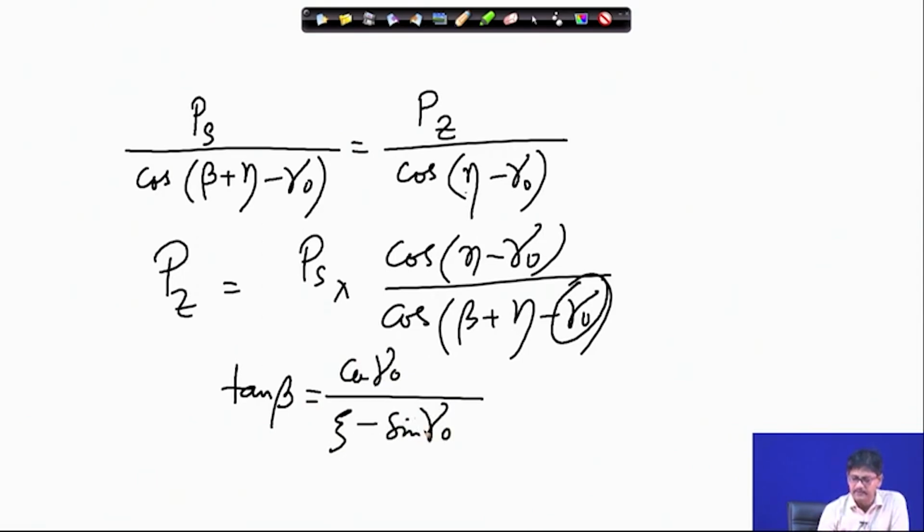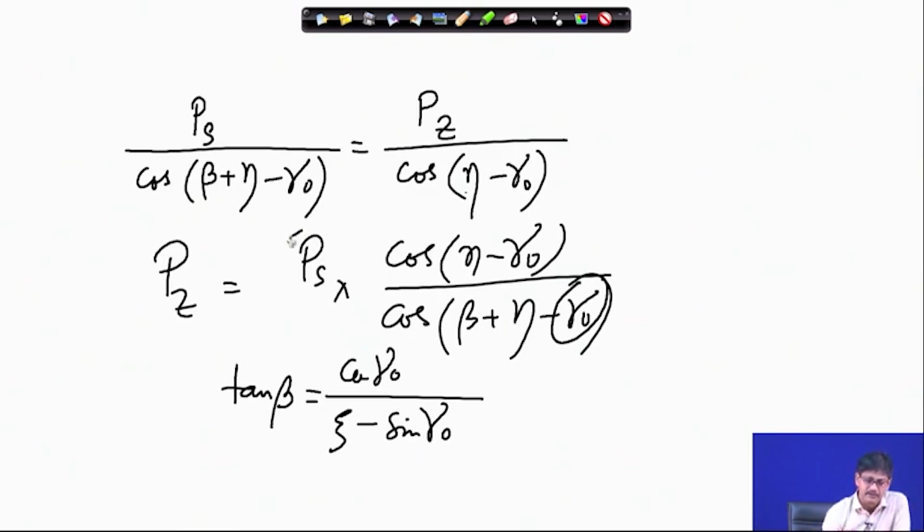So in one way at least I have an estimation of beta. But if you ask me what is the value of eta, do I know this? So in order to completely estimate the cutting forces, expression of the cutting forces in terms of the different tool geometry and other parameters of cutting, we need to do some more analysis.